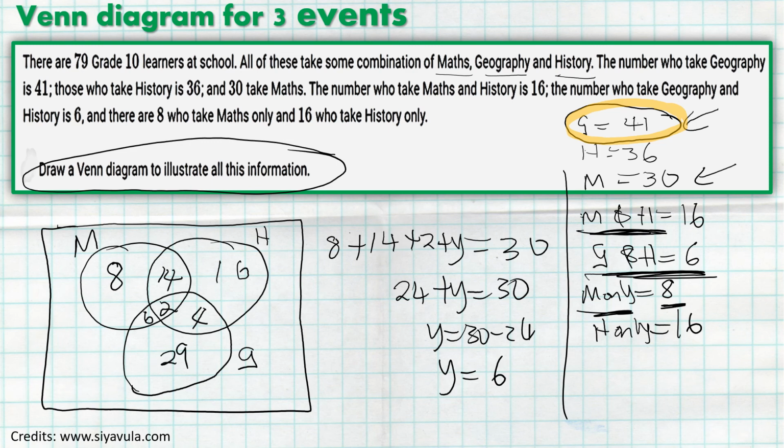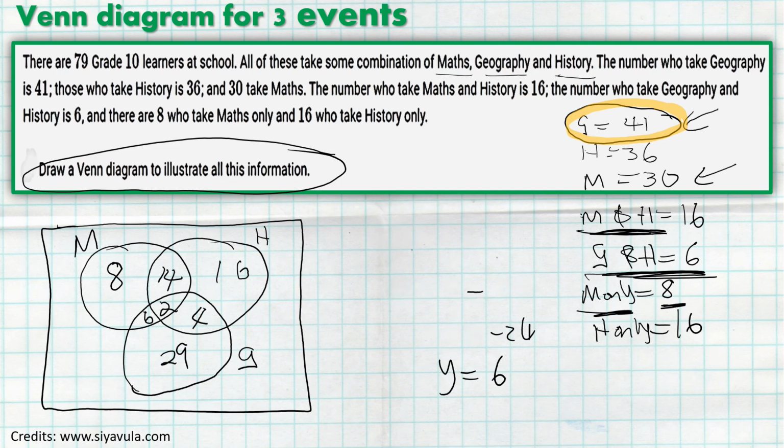Okay, so we have completely filled our Venn diagram, the intersection for all three, the intersection for 2, and the only part. After doing that, we also need to add everything in our Venn diagram and see if it gives us the total that we were given here for the students.